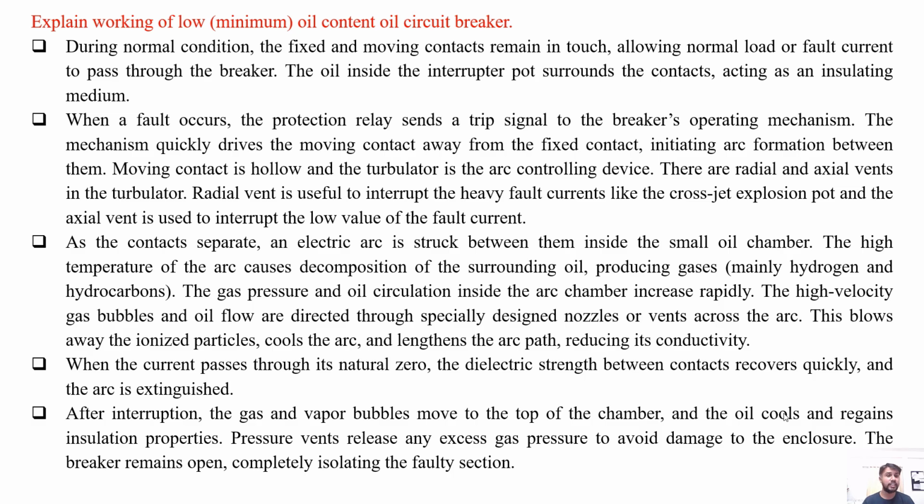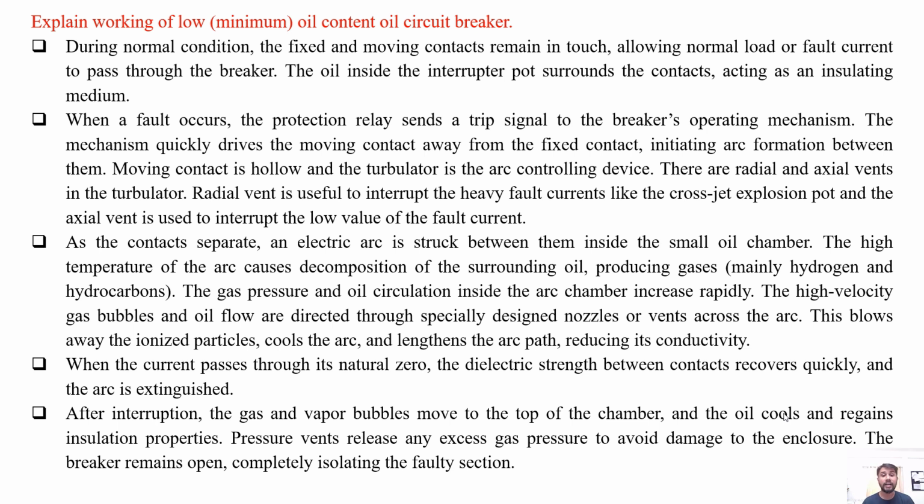The high velocity gas bubbles and oil flow are directed through specially designed nozzles or vents across the arc. This blows away the ionized particles, cools the arc and lengthens the arc path, deionizing the arc and reducing its conductivity.